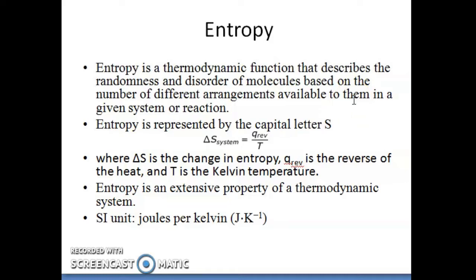Entropy is represented by the letter S, and the change in entropy of a system is equal to Q reversible by T. So here del S is the change in entropy, Q reversible is the reversible heat, and T is the Kelvin temperature.